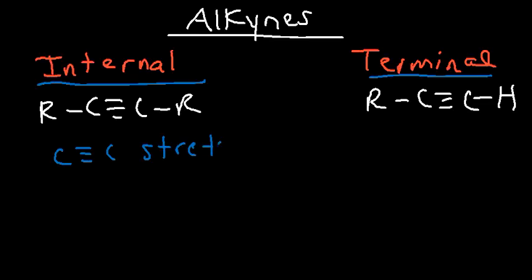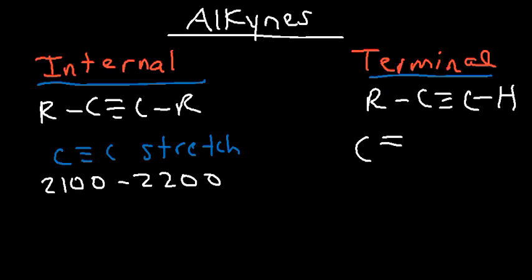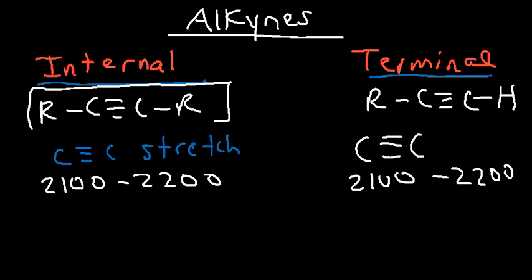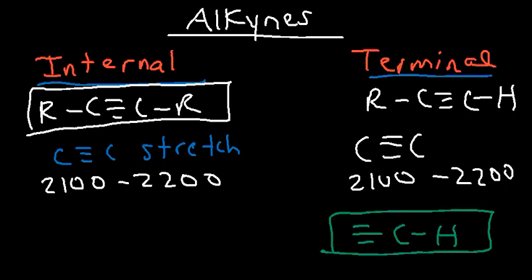And as a result, they're going to have the signals around 2200 roughly. Sometimes it might be 2100, so we'll say 2100 to 2200. So this has it too. Now the internal alkyne does not have any hydrogens attached to the carbon-carbon triple bond, but the terminal alkyne does. So that's how you can distinguish the terminal alkyne from the internal alkyne by looking at this stretch. And that's usually around 3100 to 3300.